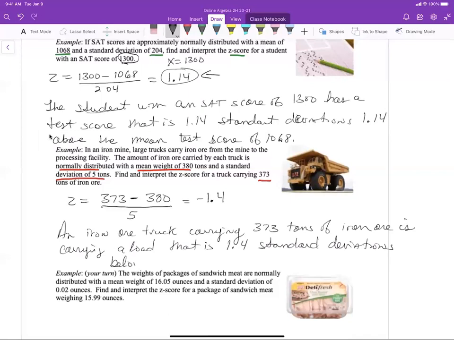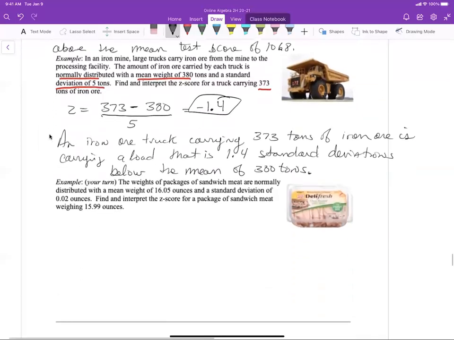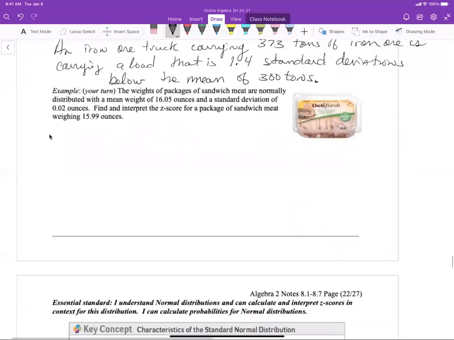The negative tells me that I'm below the mean. What was the mean? 380 tons. Okay, so we will interpret this. This is 1.4 standard deviations, and it is 1.4 standard deviations below the mean because it came out negative. All right, we got one more to go.